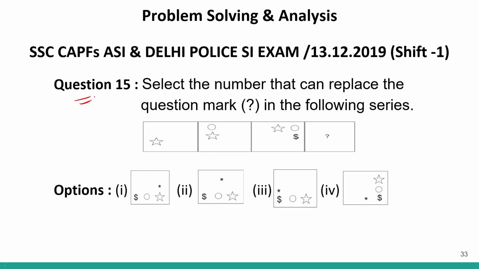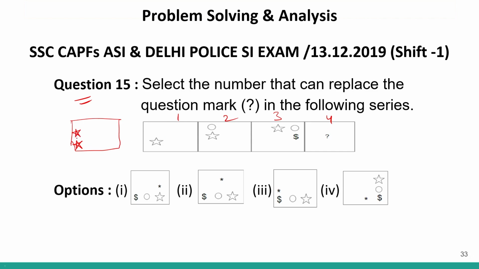Now, question number 15 is a question of series, non-verbal series. We have certain elements and we have to identify. So if you look at this element, that is the star, this is the position in the first, second, third figures, and we have to find the fourth figure. In the first figure the position is this.